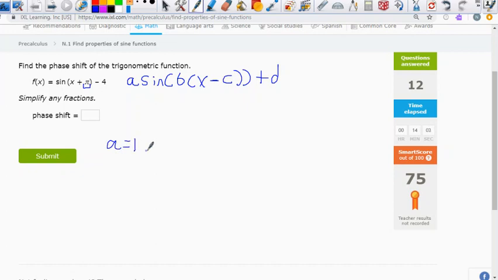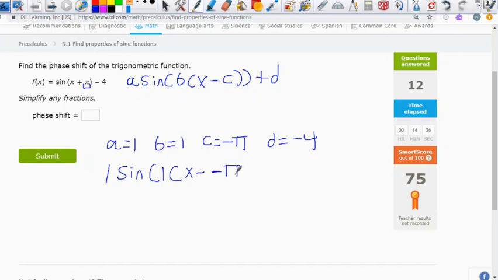In this specific case, a is equal to 1, b is equal to 1, c is equal to negative pi, and d is equal to negative 4. Let's see why. Because we will ultimately have 1 times the sine of 1 times x minus negative pi, minus 4.